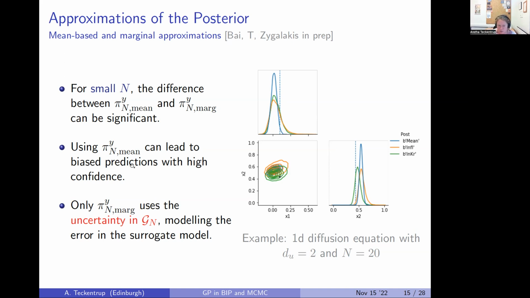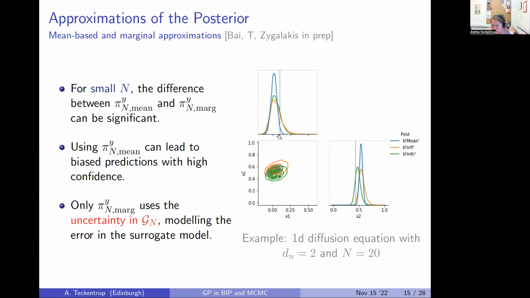Biased prediction means that it's concentrating at the wrong spot, right? So you can see in this graph here, for example, that the peak of the posterior is quite far away from the true value. And at the true value, you're actually not giving a lot of density, right? So that density is already very small at the true value.